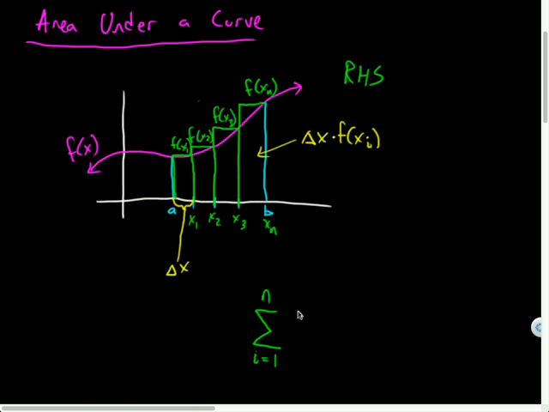And I think your book actually writes the y value first. So f of x sub i times delta x. And delta x, we'll be able to calculate a little bit later, but that would just be the width of each of these bars.